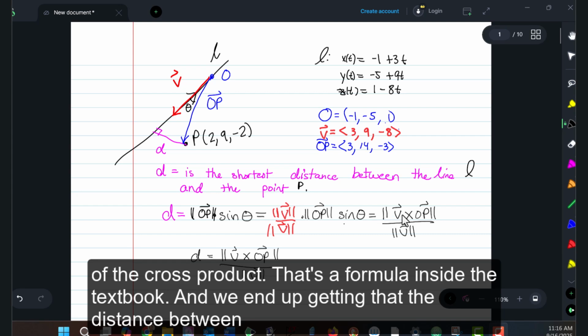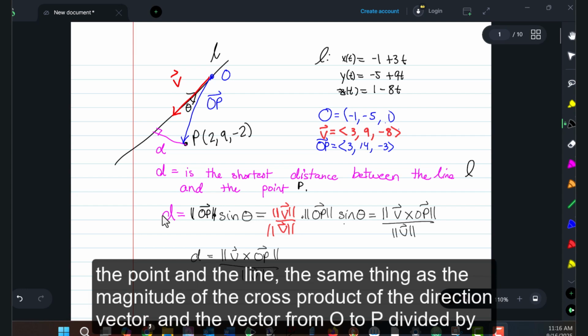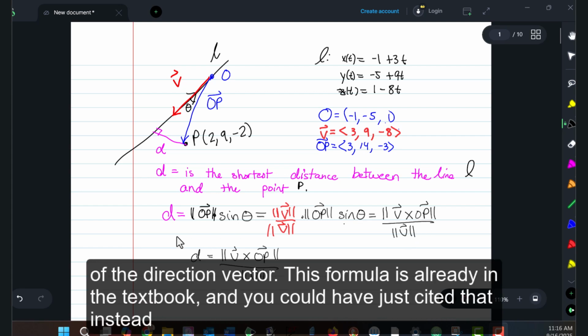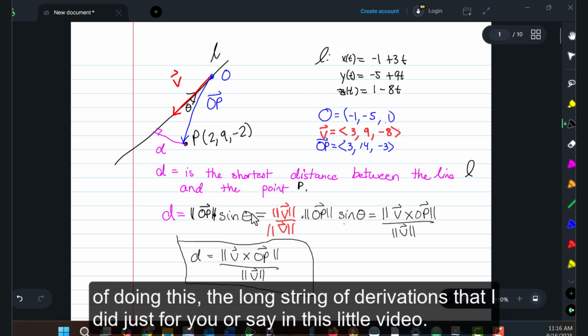That's a formula inside the textbook. And we end up getting that the distance between the point and the line is the same thing as the magnitude of the cross product of the direction vector and the vector from O to P divided by the magnitude of the direction vector. This formula is already in the textbook, and you could have just cited that instead of doing the long string of derivations that I did just for your sake in this little video.